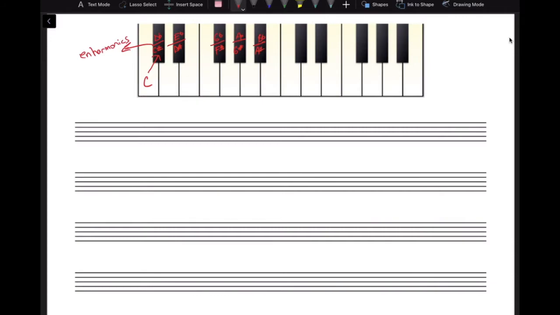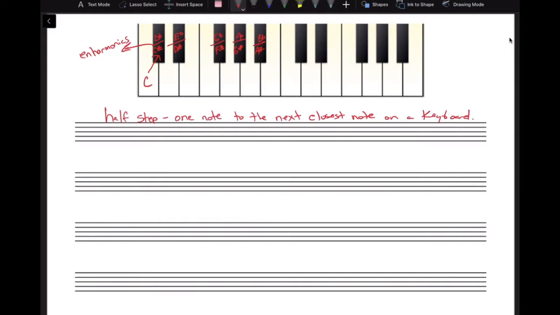So, whole and half steps. When we go from C to C sharp or D flat, it doesn't matter what you call it at this point. That's going to change in about 5 minutes. That's a half step. That's moving from one note to the next closest note on a keyboard.